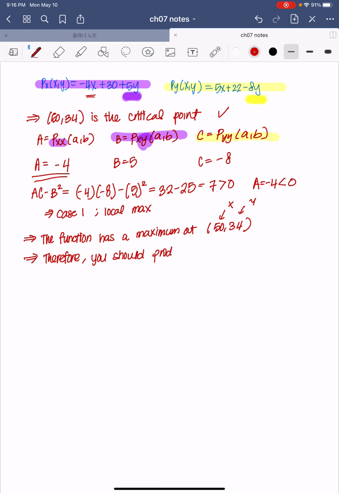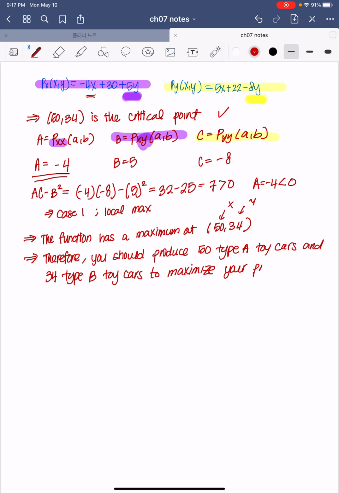You should produce 50 of type A toy cars and 34 type B toy cars to maximize your profit. That will give you maximum profit.